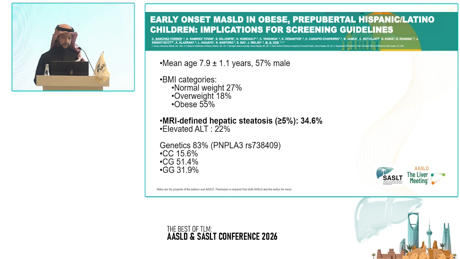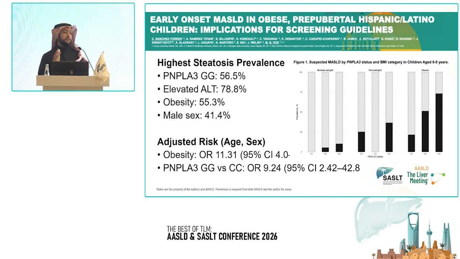If we dig more into the kids who developed hepatic steatosis in this study, you can find that obesity plus the PNPLA3 GG genotype increases the risk of MASLD to 75%, which is very, very high.